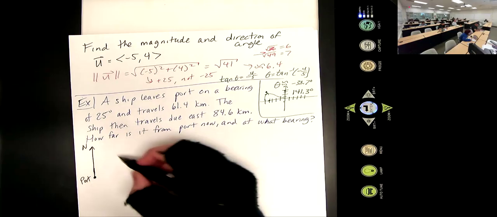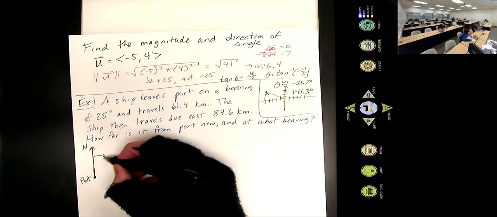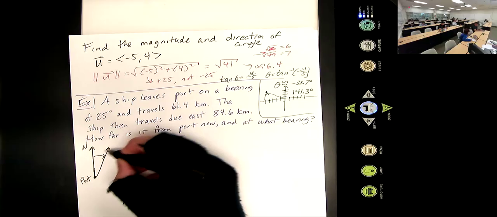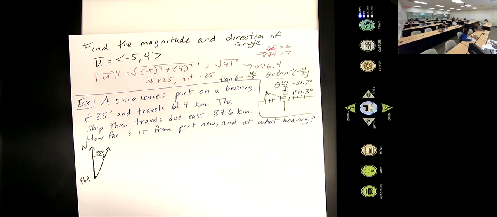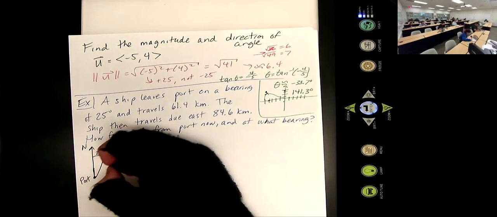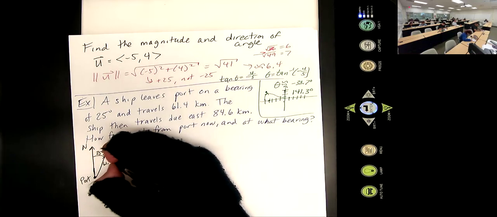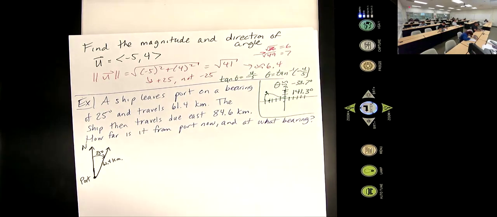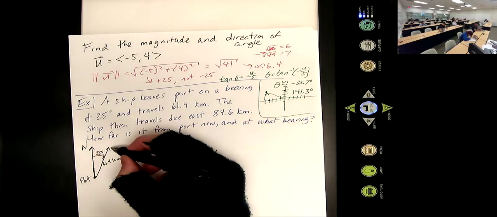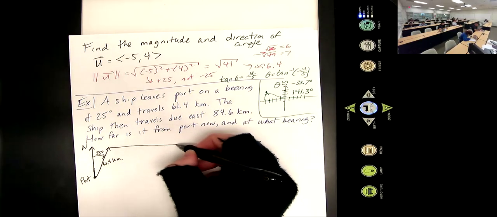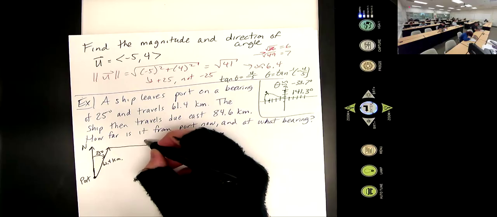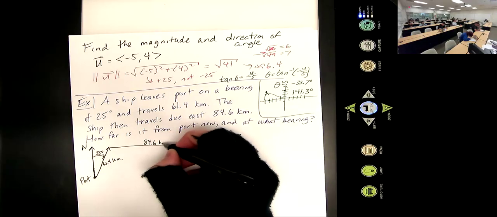That's due north. 25 degrees means in that direction. It's gone 61.4 kilometers. And then from there, it goes due east 84.6 kilometers.